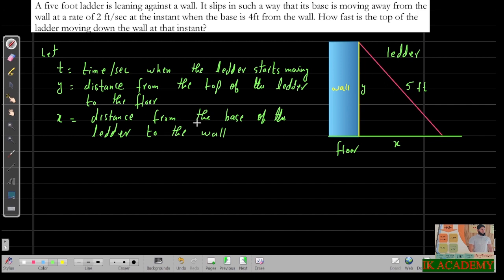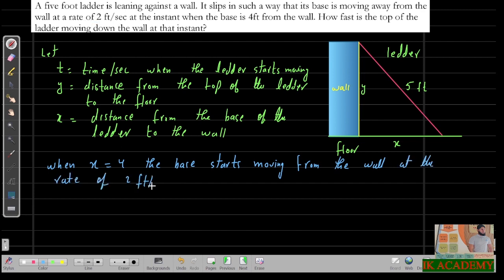So what is given here? Given that when x is equal to 4, the base is moving away from the wall at the rate of 2 feet per second.